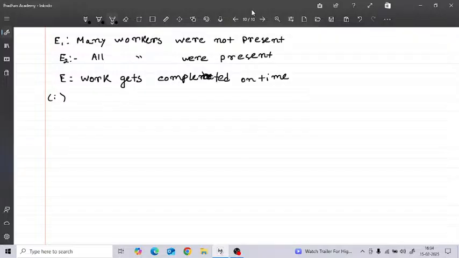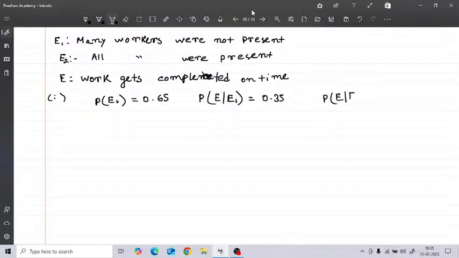In a case study problem you will get so many problems to solve. So the first question is, here the probability of E1, many workers are not present, is given as 0.65, and it is also given that if workers are not present but still we get the work done in time is 0.35, and the probability of E given E2, it denotes that all workers are present and our work gets completed in time, that is 0.80.